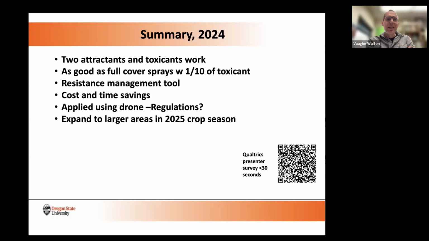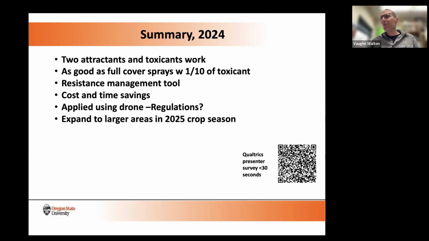We are seeing from our data that we have crop quality as good as full cover sprays, and we're doing that with 1/10 of the toxicant. Our belief is that our toxicant is very targeted.